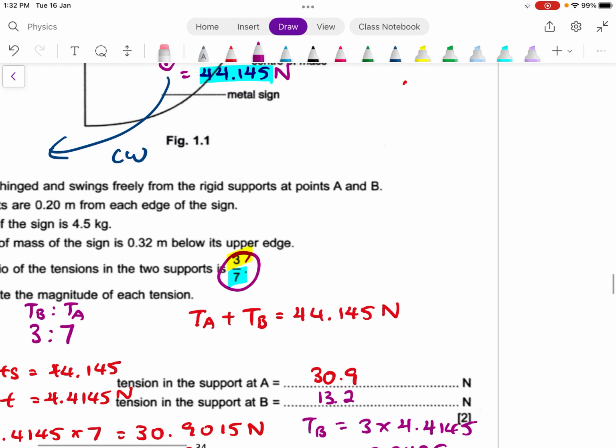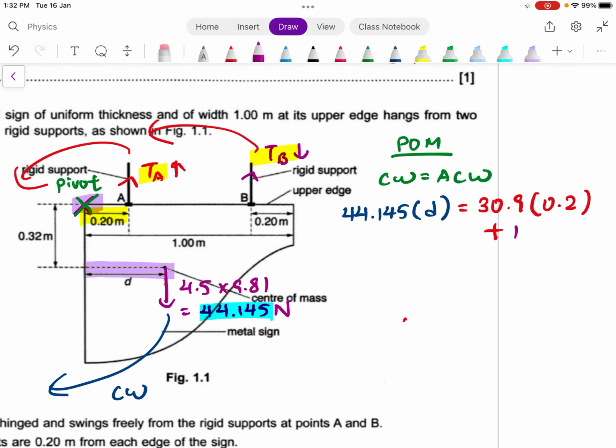TB is about 13.2 multiplied by the perpendicular distance. The perpendicular distance is from here all the way to here, so it is 1 meter minus 0.2, about 0.8. So this will be the two anti-clockwise moments.